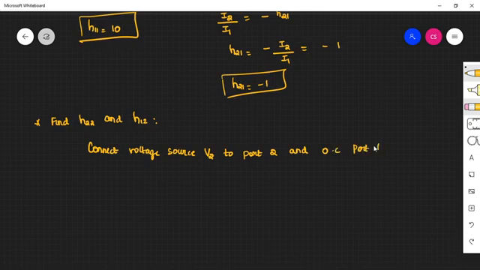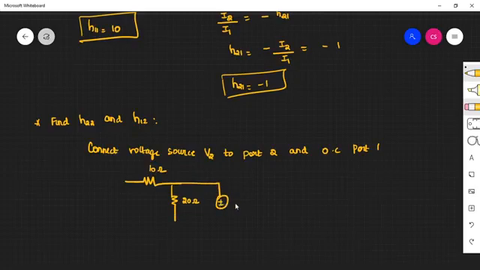What will happen when we do this? Open circuiting port 1 means the current there becomes 0. So we can redraw the circuit: this is 10 ohm, we have 20 ohm. Across port 2 we are connecting a voltage source V2, and here it is open circuited. Open circuit means the current here becomes 0, but a voltage will exist here. Let the voltage be V1.